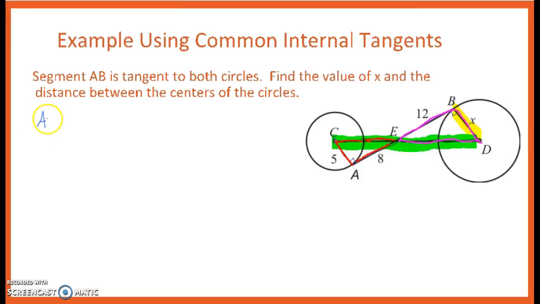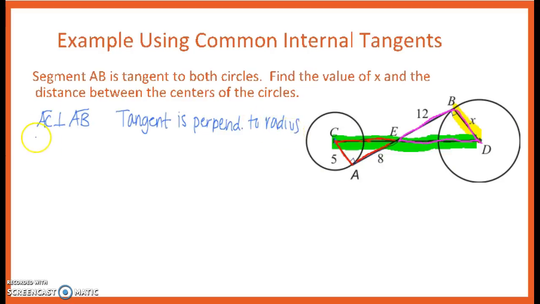The first thing we see is that segment AC is perpendicular to segment AB. So AC is here, and AB is one of our common internal tangents. And so what that tells us is that the tangent is perpendicular to the radius.